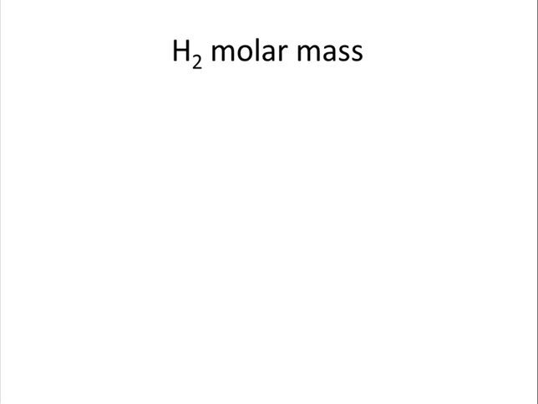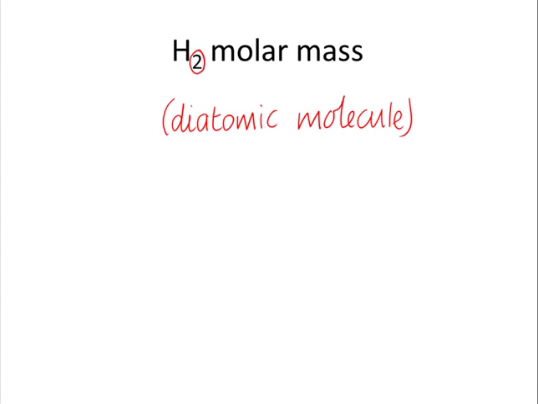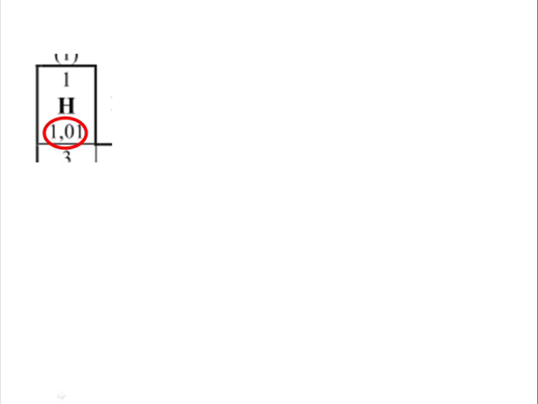What about hydrogen gas? Hydrogen gas is a diatomic molecule, meaning that the gas consists of 2 atoms, H2. So even if they were just to say hydrogen and not specify that it's H2, if it's hydrogen gas, it has to be H2. So what is the molar mass of hydrogen gas? Each hydrogen atom has a molar mass of 1 gram per mole.